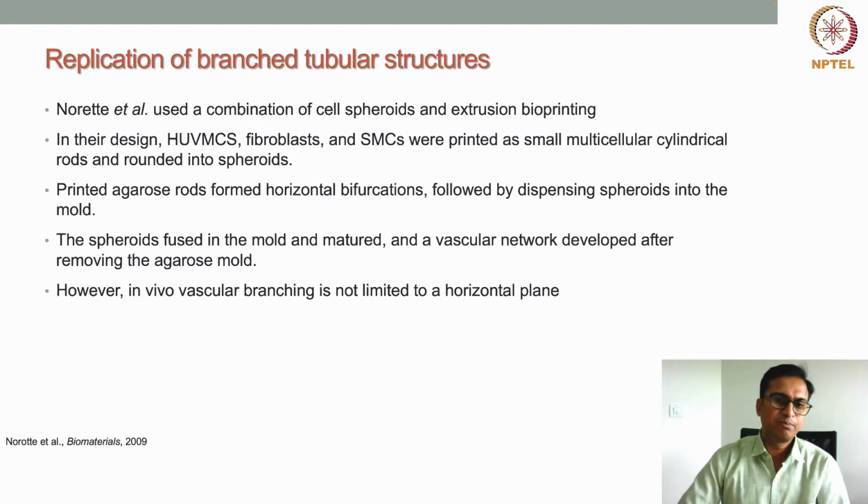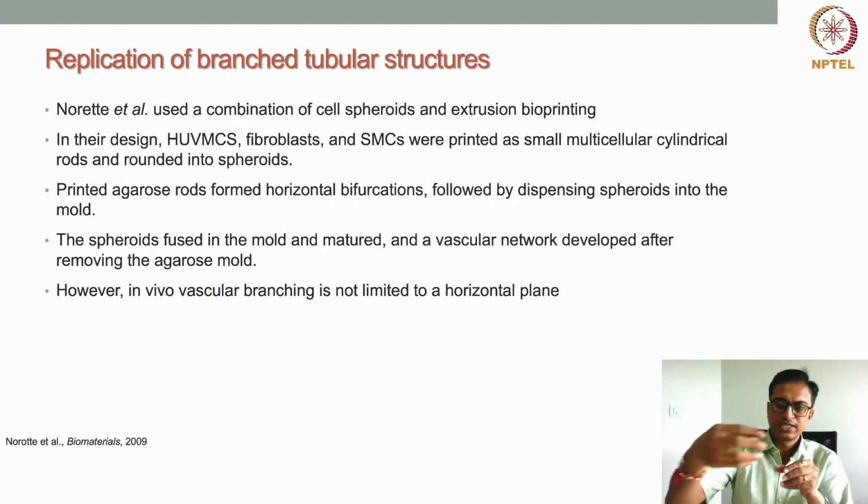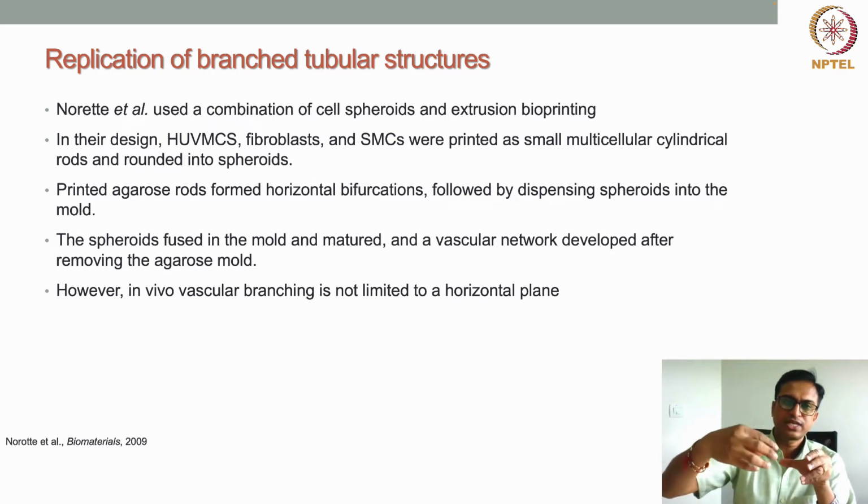What they have done, they printed HUVECs, HVMSCs, fibroblasts and SMCs in small multilinear tube-like structures, where they used agarose strands as a supporting material, and in between the agarose strands these cell spheroids are printed.